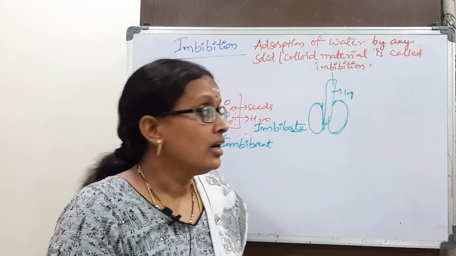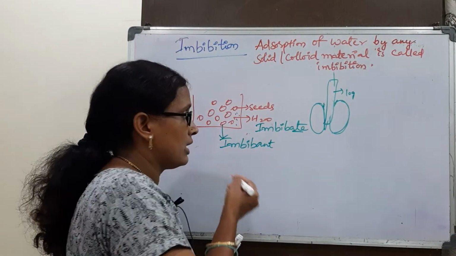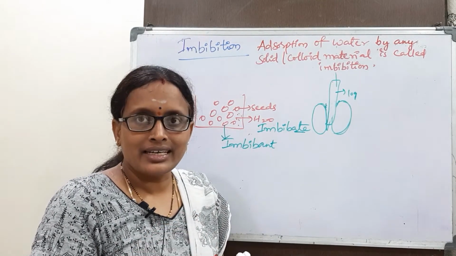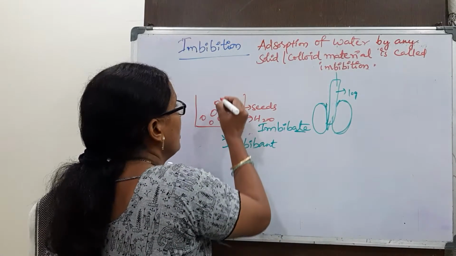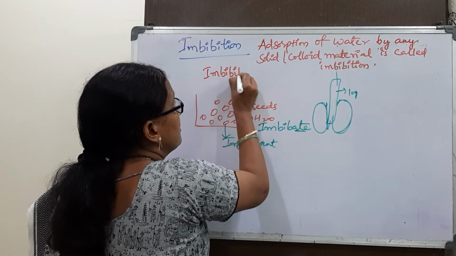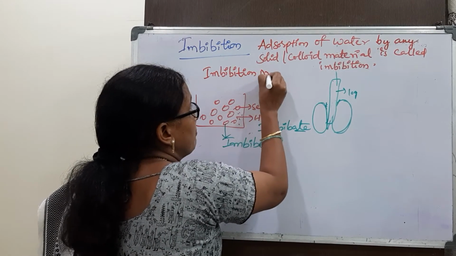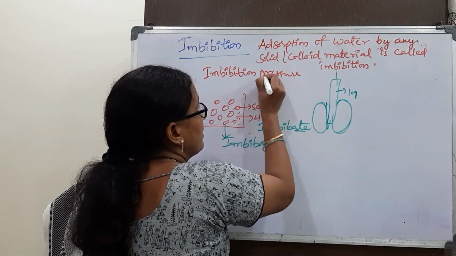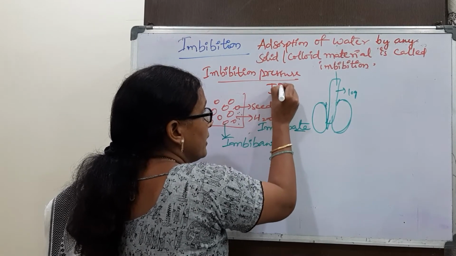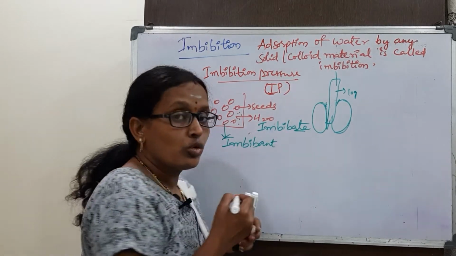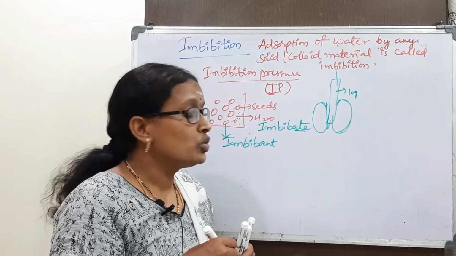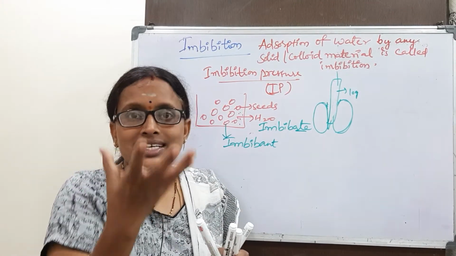The seeds which are undergoing imbibition generate pressure, that is called imbibition pressure. The pressure which is coming outside by the absorption of this liquid is called imbibition pressure. Due to the imbibition pressure, the seeds emerge.